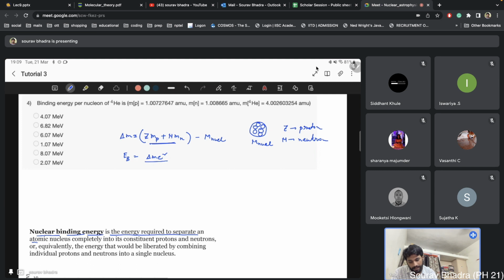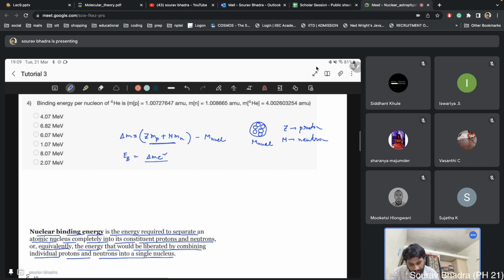So to separate an atomic nucleus completely into its constituent protons and neutrons, or equivalently the energy that would be liberated by combining individual protons and neutrons into a single nucleus, that is called the nuclear binding energy. Okay, so this is E_B equals delta m c square.